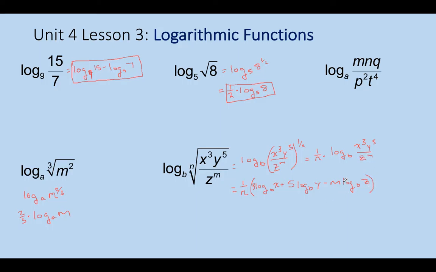So you can see that the exponents 3, 5, m came out front, the multiplication was addition, the division was subtraction. And now I'll distribute this 1 over n all the way through to the coefficients. So I have 3 over n log base b of x plus 5 over n log base b of y minus m over n log base b of z.